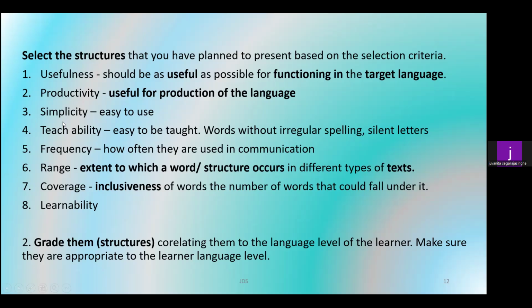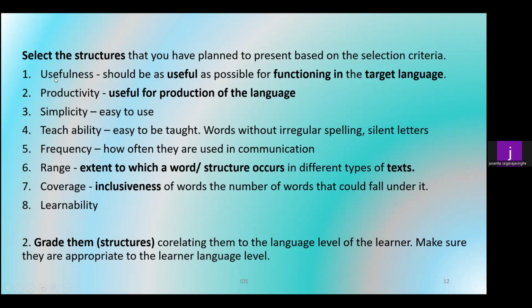Then simplicity, easy to use. For the learner, it's easy to articulate and use in their day-to-day context. Whatever structures are connected to that need to be presented. Teachability: whatever is easy for the teacher to teach, adhering to the particular methodology, should be taken into account.